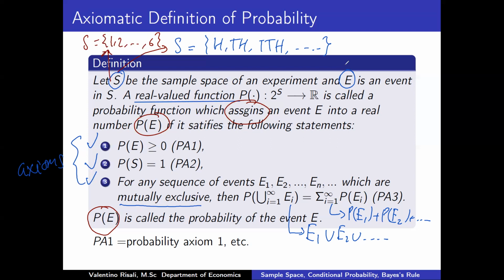For our next communication, I write PA1, where PA means probability axiom, to denote this statement. I use this notation so we can recall them easily when we talk about other things in the future.